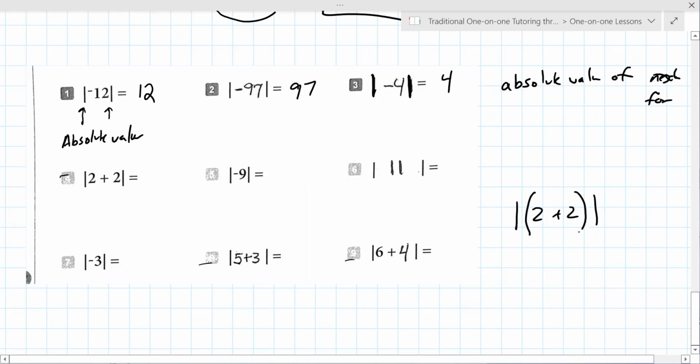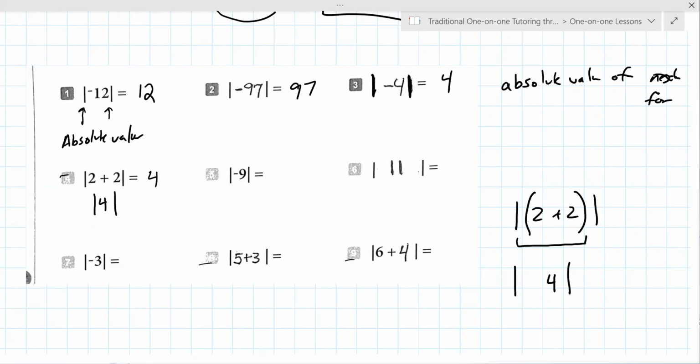That means you have to do whatever is inside here first, before you take an absolute value. So you add up the numbers and then you take the absolute value of 4. In terms of showing your work, you may want to put the absolute value of 4 here and then write 4 as your final answer.